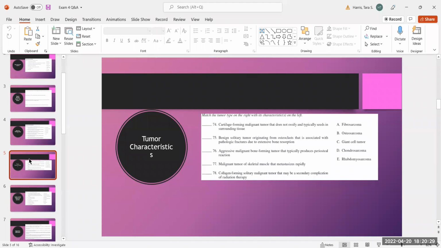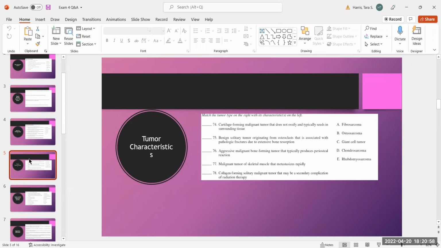All right, so as far as a cartilage forming malignant tumor that does not ossify and typically seeds in surrounding tissue, which means it's spreading, which one of these would it most likely be? A fibrosarcoma, osteosarcoma, giant cell tumor, rhabdomyosarcoma, or a chondrosarcoma?